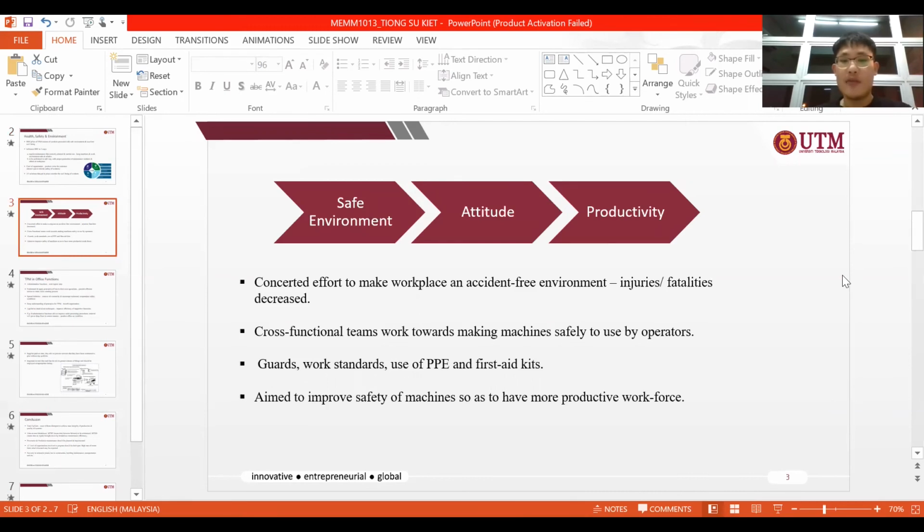The cross-function team works towards making machines safe to use by operators, by putting in place guards, work standards, use of PPE, and also first aid kits. This pillar is basically aimed at improving the safety of machines so as to have a more productive workforce.